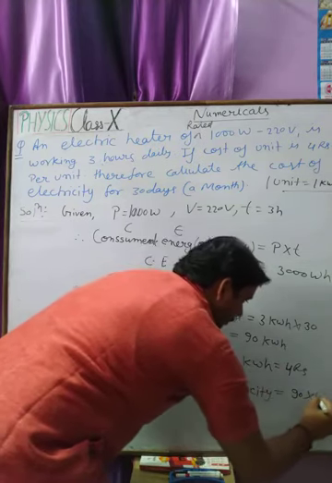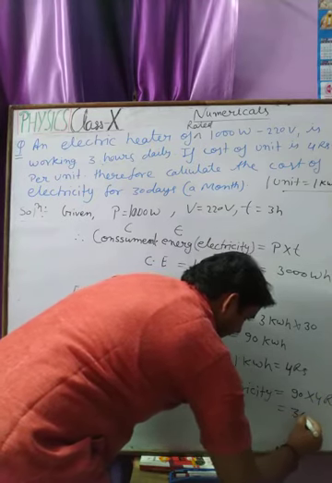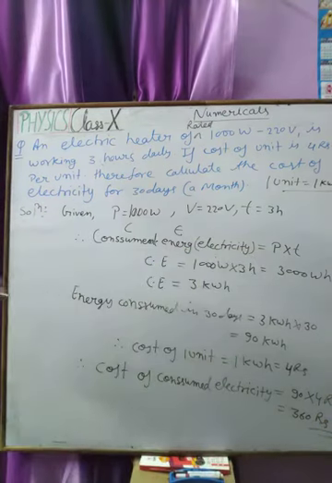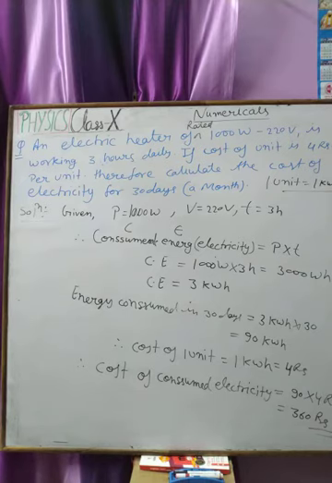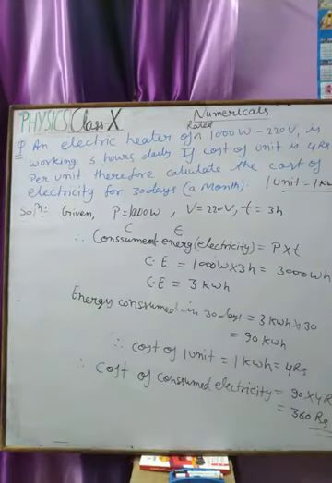It will become 360 rupees. Hence, if we use a heater of 1000 watt operated on a 220 volt supply for 3 hours every day, it will consume electricity worth 360 rupees in 1 month. So copy these questions.